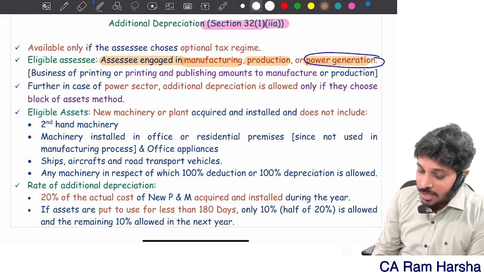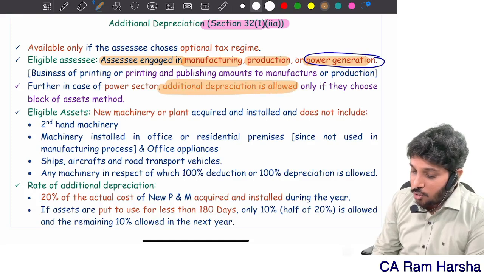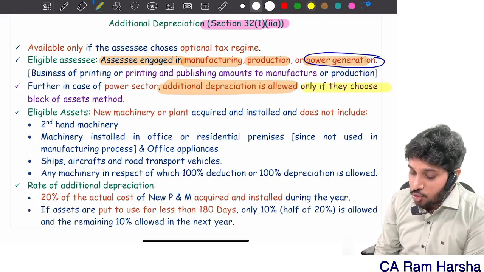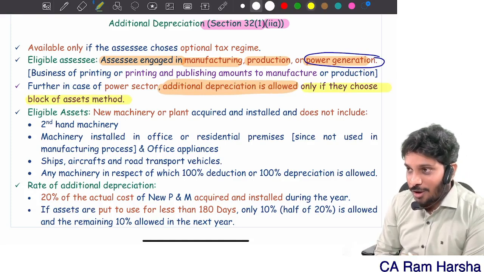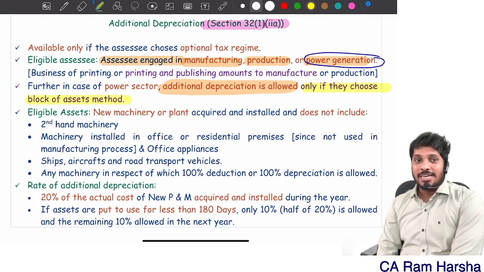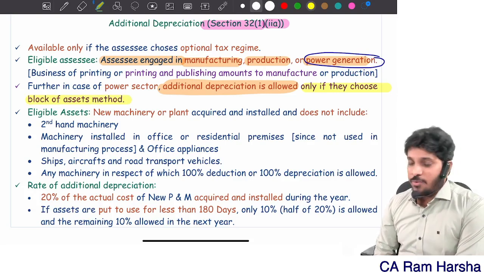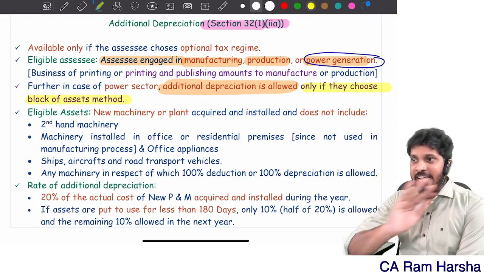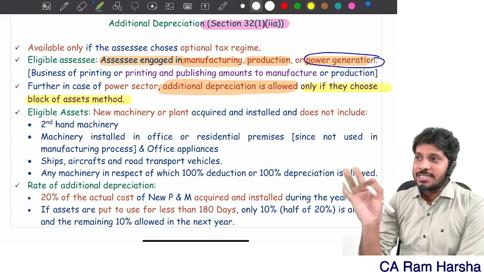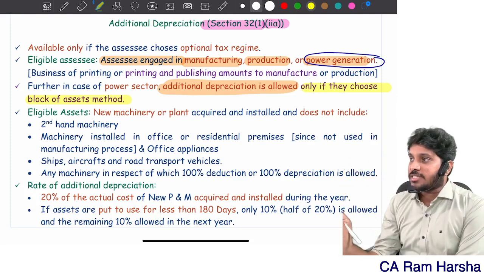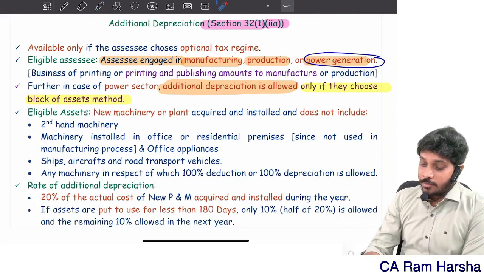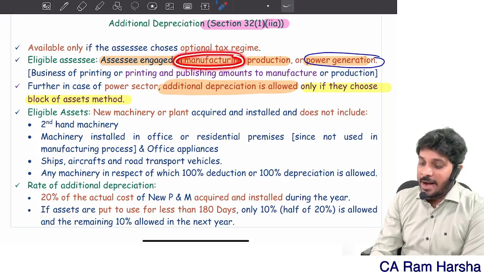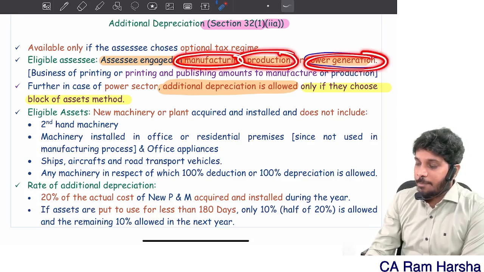For them, additional depreciation is allowed only if they choose the block of assets method. Suppose the power sector chooses the SLM method, they only get normal depreciation, that too as per some different rates. They never get additional. Additional depreciation is only for assessees following the block of assets approach, and that too, they must be engaged in manufacturing, production or power generation.